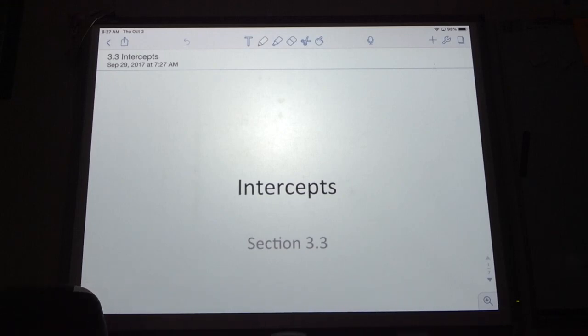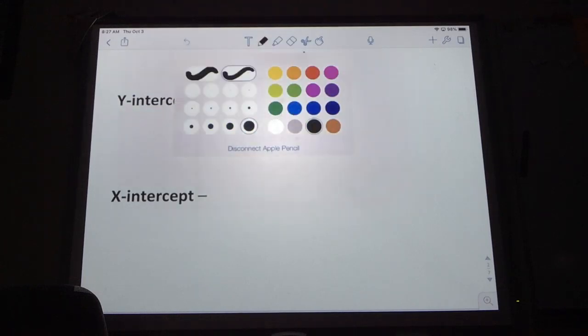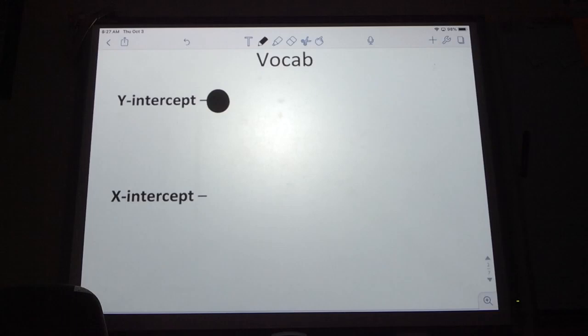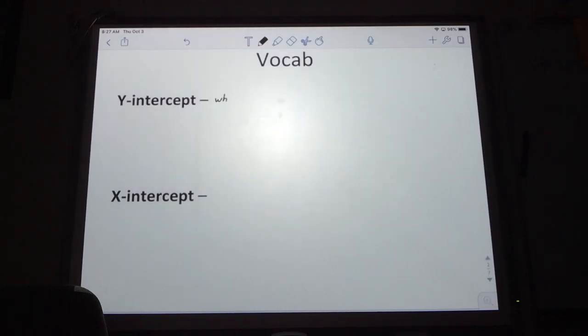All right, intercepts. So first, the y-intercept. The y-intercept is where the graph, or where your line, where the graph crosses the y-axis.